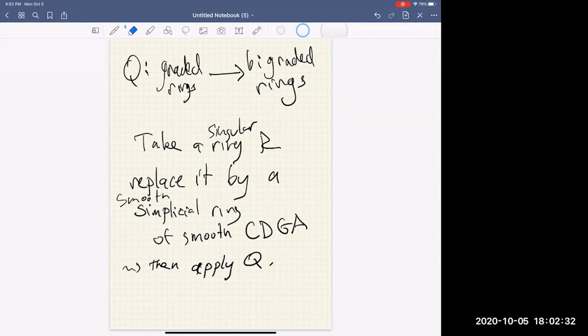In the smooth case, this reduces to the usual thing. In partial results with Ballard and Favero, for complete intersections, singular complete intersections, this also gives an equivalence due to work of myself and Cheatham Barham.